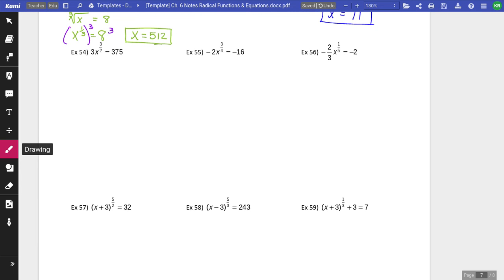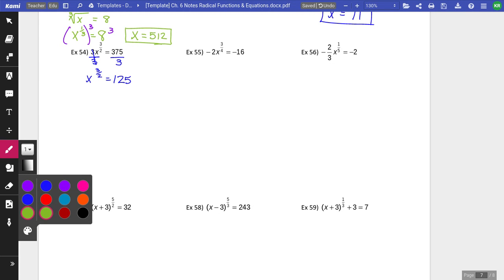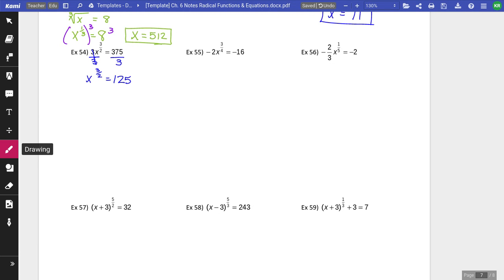Okay, so on 54, we're going to divide by 3 first, because we want to isolate that variable x with its exponent. So this is going to be x to the 3/2 power equals 125. Okay, to counteract that exponent, we are going to take both sides to the 2/3 power.